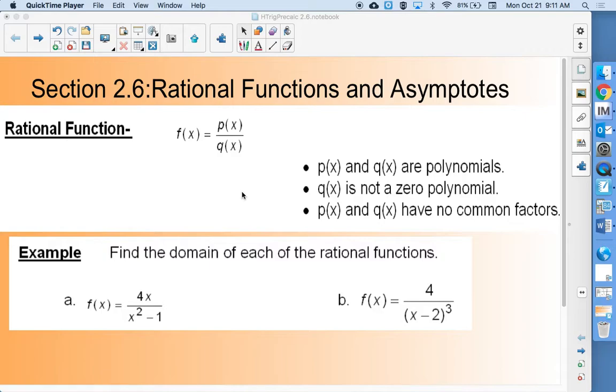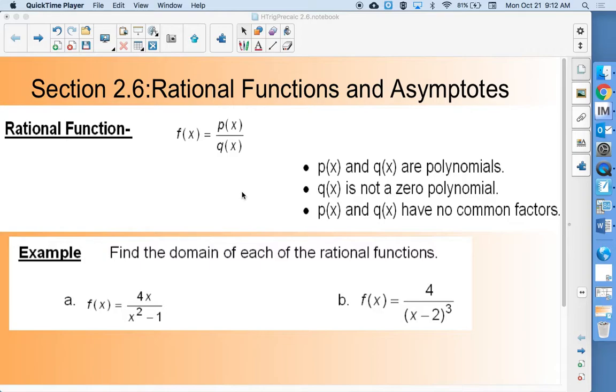The second says q of x is not the 0 polynomial, because then my denominator would be 0, which would be undefined. The third says p of x and q of x have no common factors. If they had common factors, they would cancel, and it wouldn't remain in fractional form.